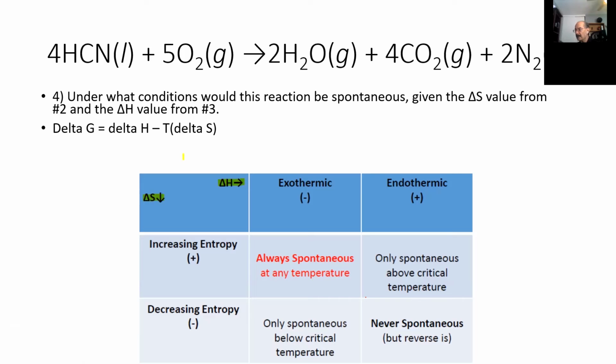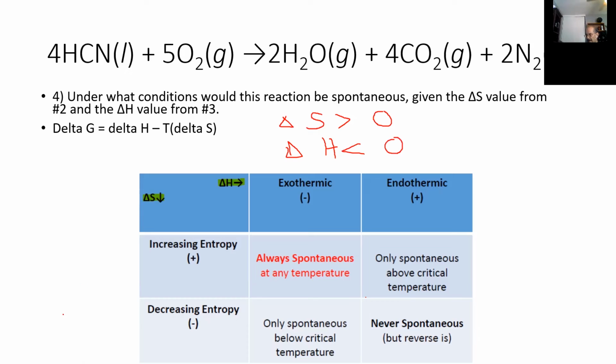Now remember, in our case, we found that our value for delta S was positive, and our value for delta H, and we don't have the number itself, but we said that it was negative. And you can confirm that later on.